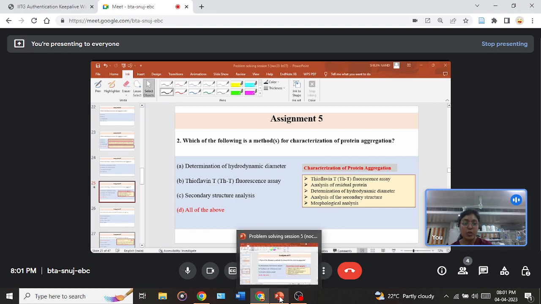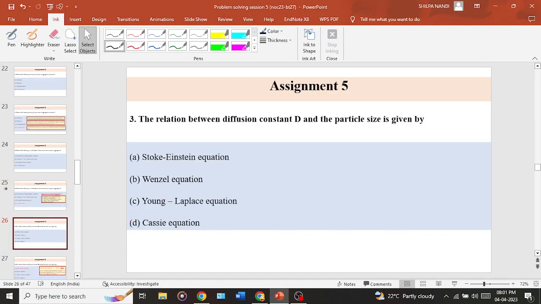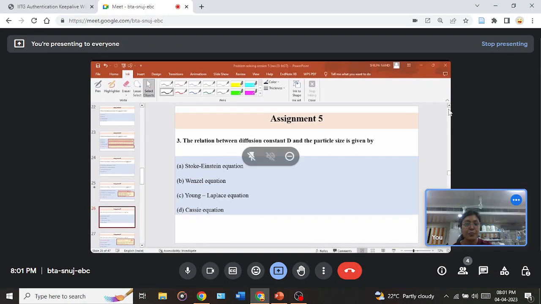Okay, we will move on to the next question, question number 3. The relation between diffusion constant D and the particle size is given by A, Stokes-Einstein equation, B, Wenzel equation, C, Young-Laplace equation, and D, Casey equation.